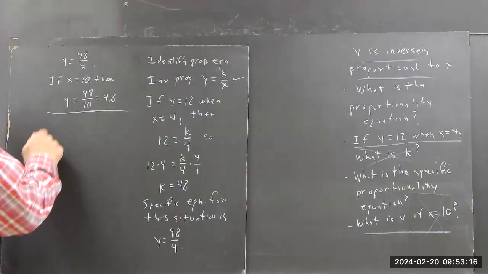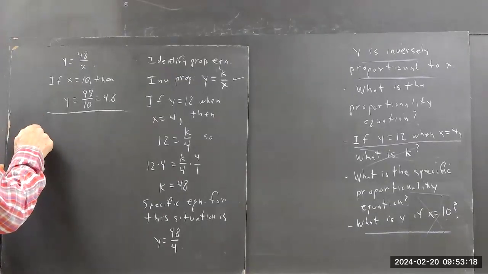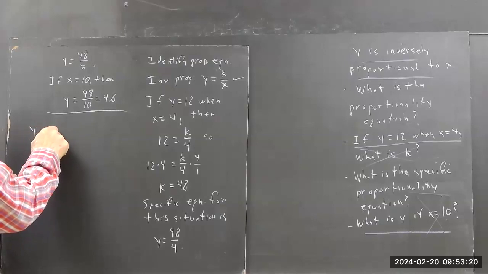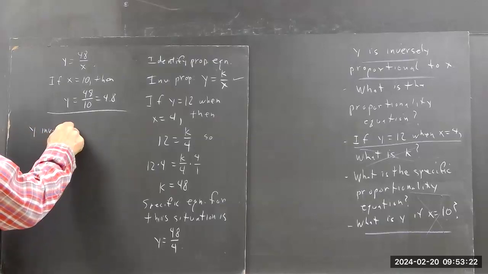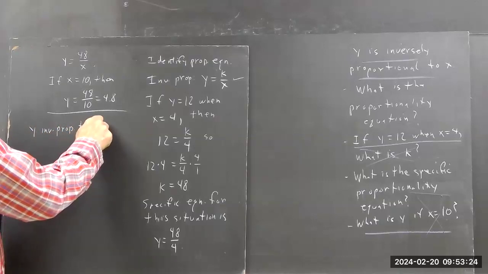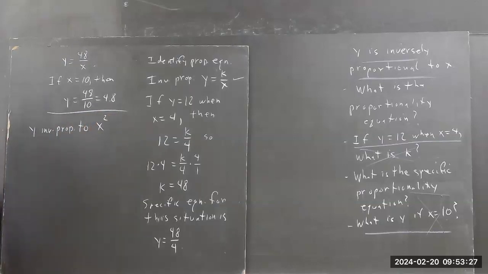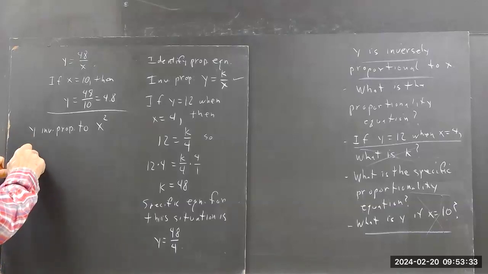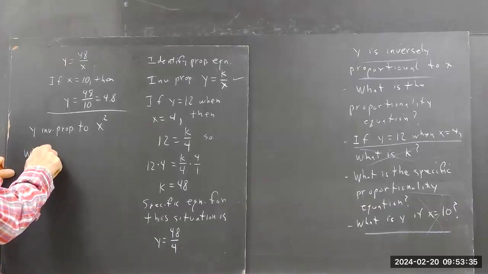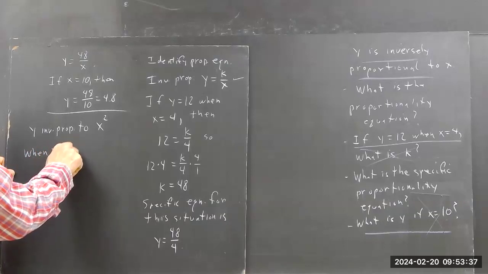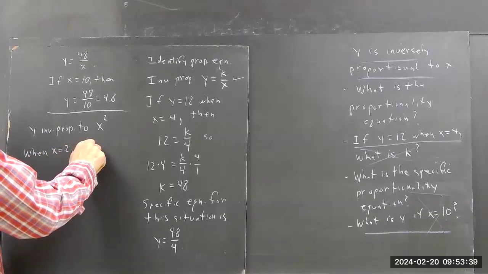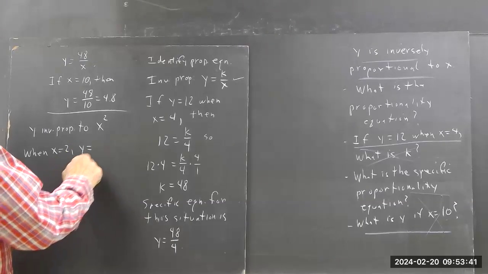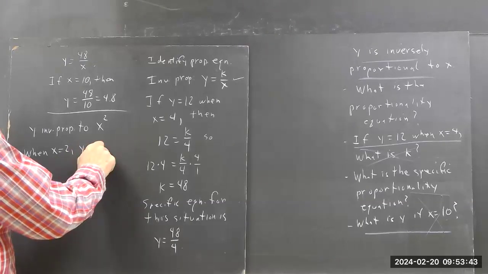Another example. Y is inversely proportional to x squared. Okay, y is inversely proportional to x squared. X equals 2, y equals 60.